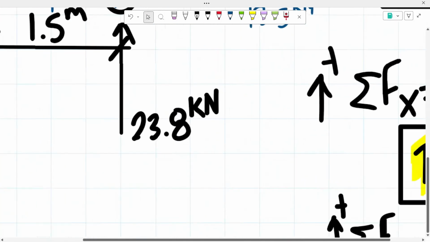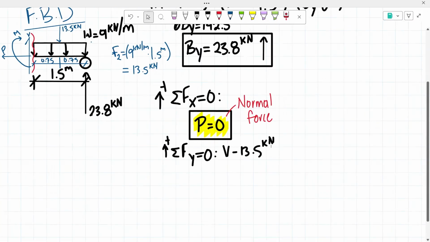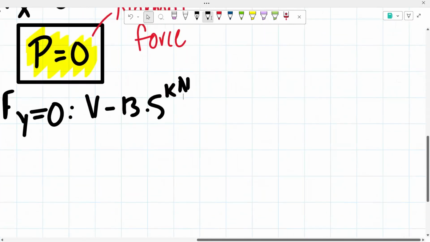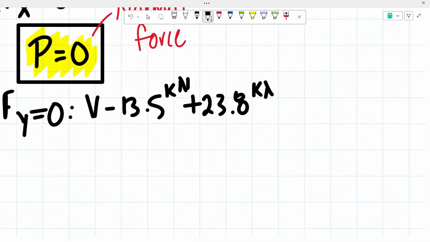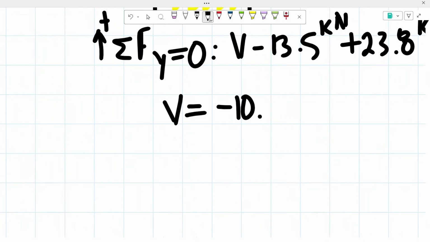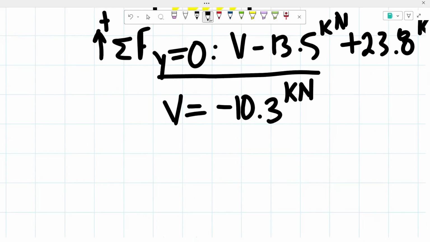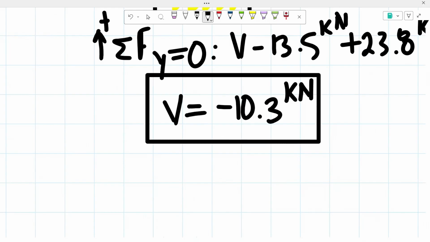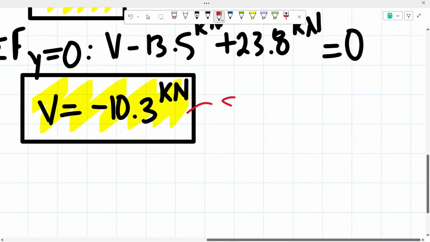And then from there, we have our reaction, B sub y, going upwards, so that's a positive force of 23.8 kilonewtons. And we know that all of that will have to equal 0. From here, we would simply just be solving for our shear force, or our V. And we end up getting that our shear force has a value of negative 10.3 kilonewtons. So remember, this is our shear force.